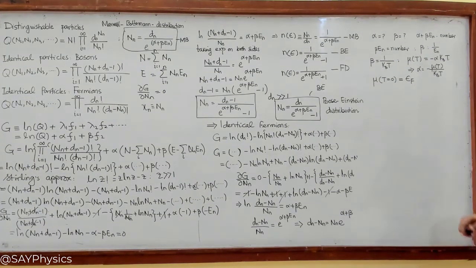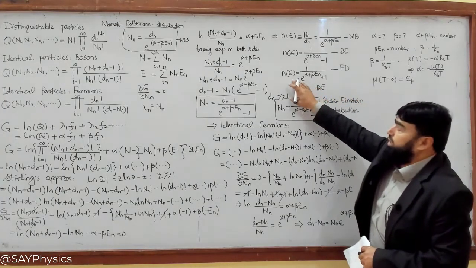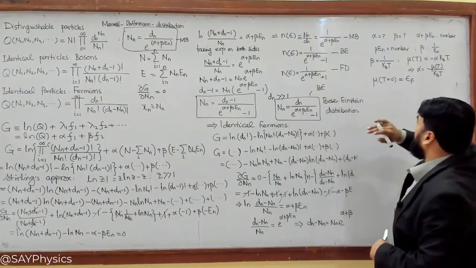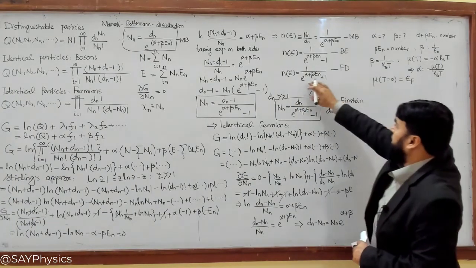Okay, so look here. First we look at the Fermi-Dirac distribution. And the Fermi-Dirac distribution gives you what? Look here.